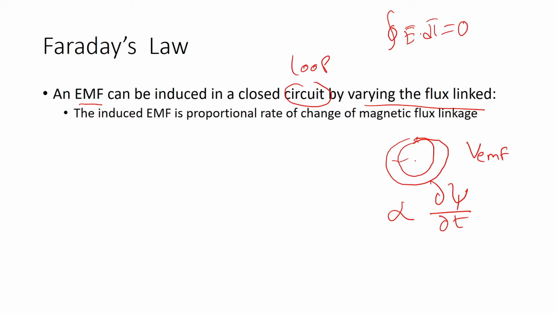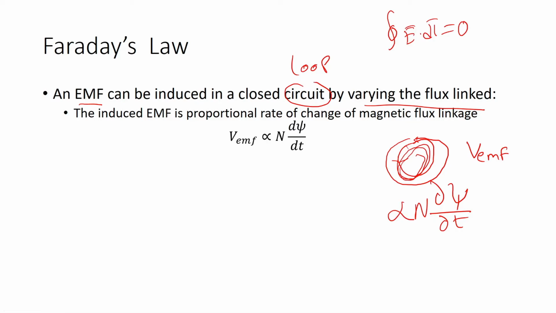Not just that, if this loop is made of multiple turns, using the conductor, then the induced EMF is not just proportional to the rate of change of flux linkage, but is also proportional to the number of turns.